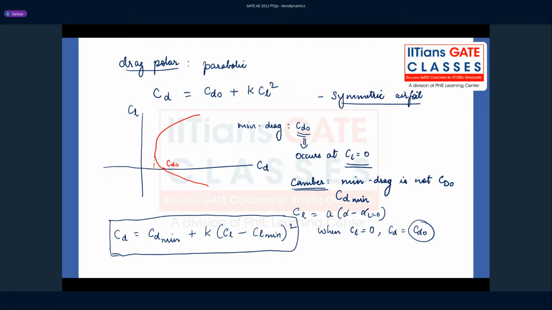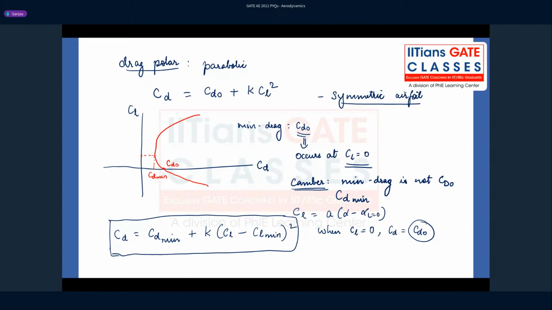CD minimum is somewhat lesser than your CD naught. But where does the CD minimum occur? CD minimum now does not occur at CL equal to 0. It occurs at some different CL, the lift coefficient at which your angle of attack is somewhat close to alpha L equal to 0, not exactly alpha L equal to 0.